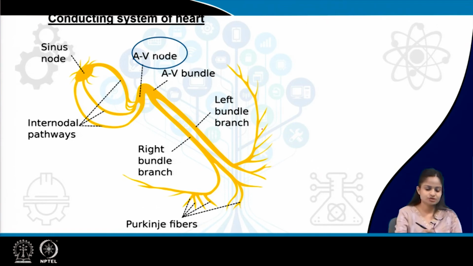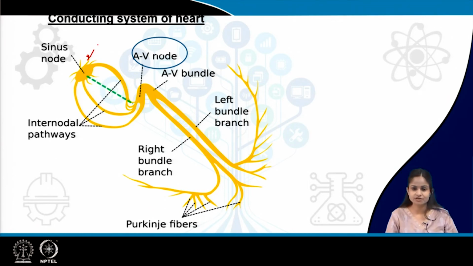Now, the impulse generation, as already told, is at the sinus node. The sinus node generates its impulse and the impulse direction is towards the AV node. Since the sinus node is situated on the right atrium, the impulse will be directed towards the left side, downward. So the AV node is also downward.